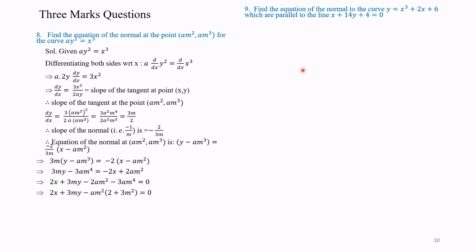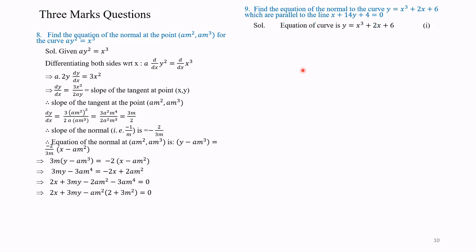Find the equation of normal to the curve y is equal to x cube plus 2x plus 6, which are parallel to the line x plus 14y plus 4 equal to 0. So here we have to write the equation of normal, the curve equation is given, and the line it is parallel to has also been given.